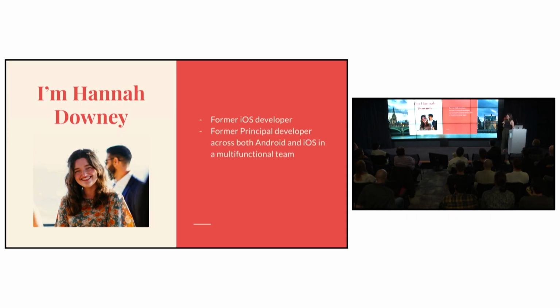I then moved to become a principal developer across both Android and iOS in a multifunctional team. So I was able to use my experience across both platforms to feed into the technical vision across Android and iOS. And now, plot twist, I'm actually a secret backend team lead hiding amongst you today, with a couple of apps on the Play Store and the App Store. Please don't boo me.